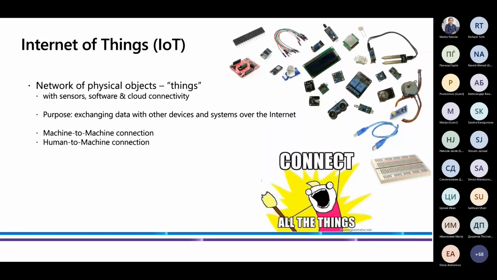When we talk about IoT, we refer both to machine-to-machine communication, for example, a sensor realizes that it's night and sends a signal to the shutters to close, as well as human-to-machine communication, for example, a person via his phone closes the shutters.